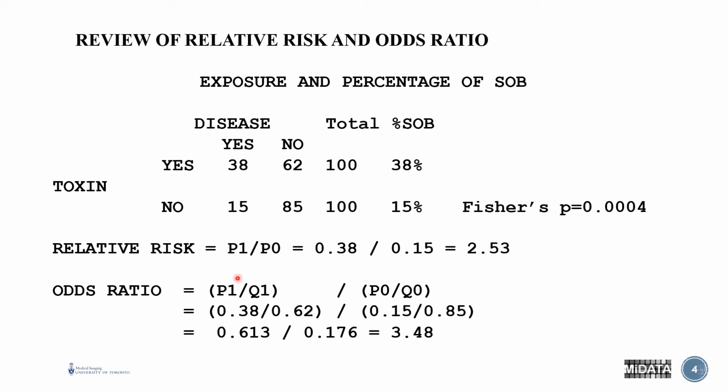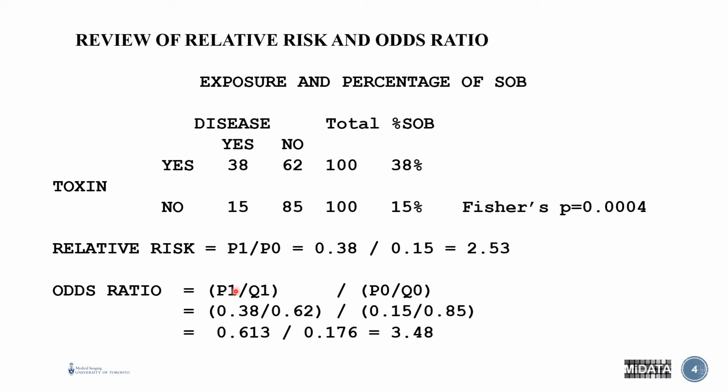The odds ratio is going to be the probability of disease, P1, over Q1, which is the probability of not getting the disease, which is 1 minus P1. So Q1 equals 1 minus P1.